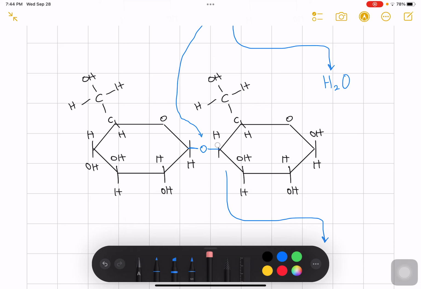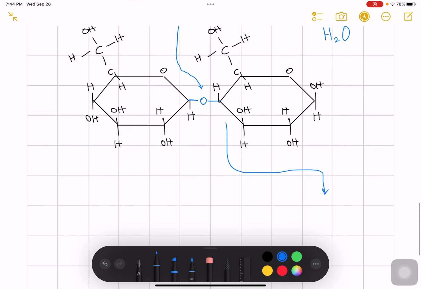So basically, what just happened is I connected these two glucose molecules by this O bond. Now, what is this O bond called, you may ask? It's called a glycosidic bond.